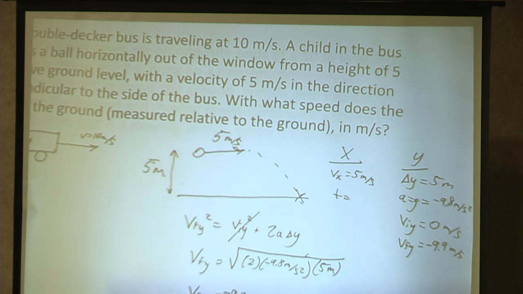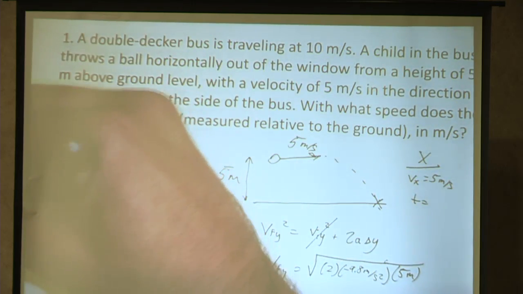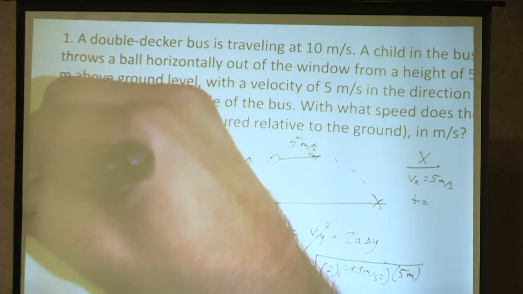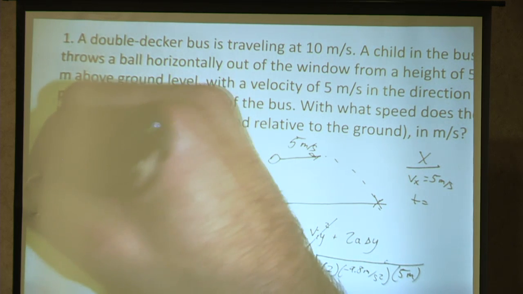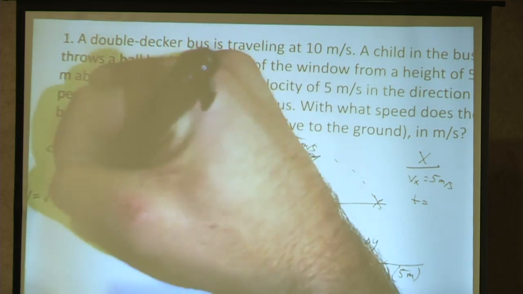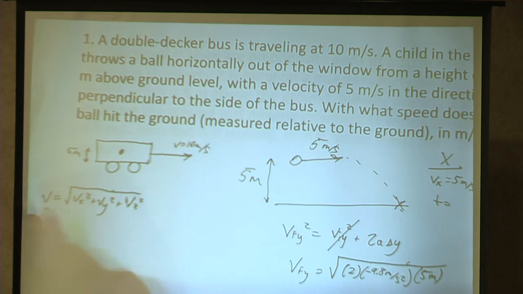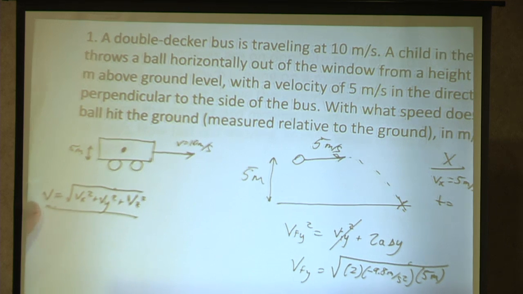So generally for vectors, your velocity will just be the square root of all the squares added together of the velocity in the x, the y, and the z. A lot of the times you guys won't have z velocities, but in this one you actually do.